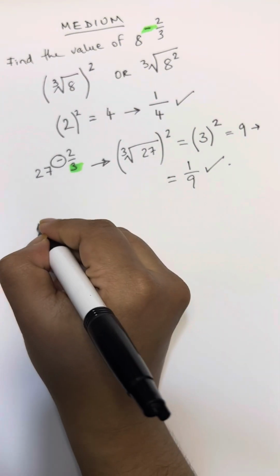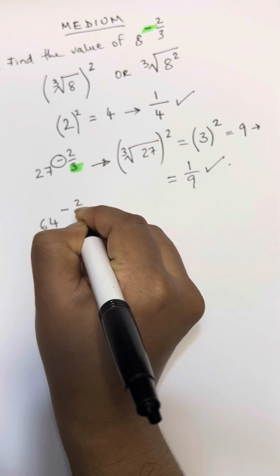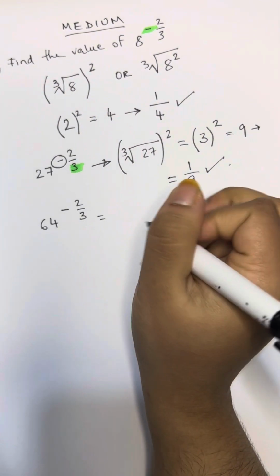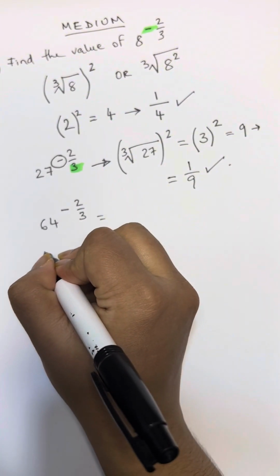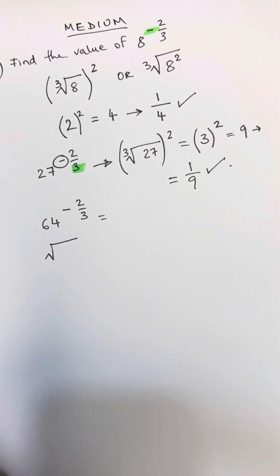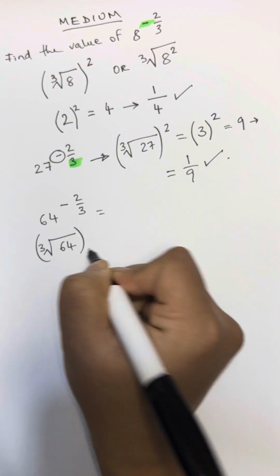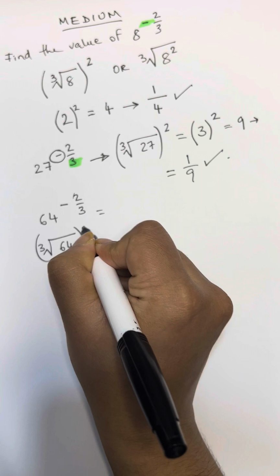Let's try to do another one together. Find the value of 64 to the power of minus 2 over 3. So feel free to pause the video if you know the answer to this question, but we will solve it together. So we have a square root first. The denominator 3 goes at the front. 64, so cube root of 64, and then you know that there's a 2 here, which is going to go outside the bracket.